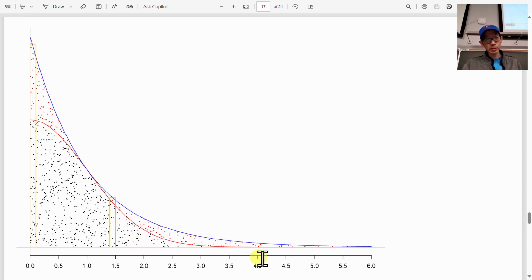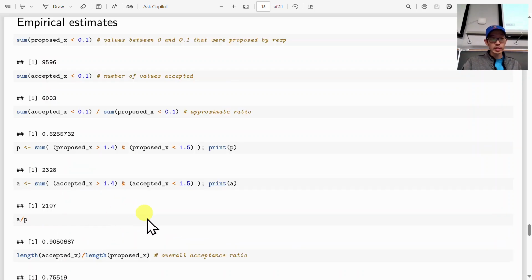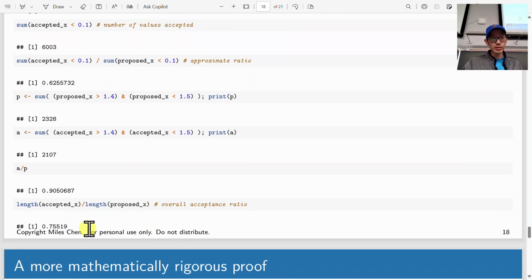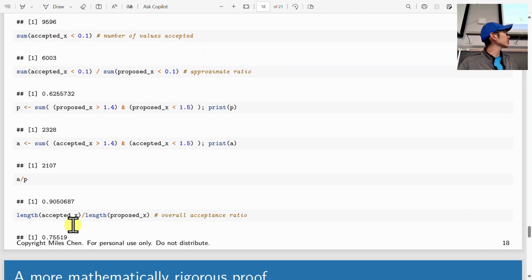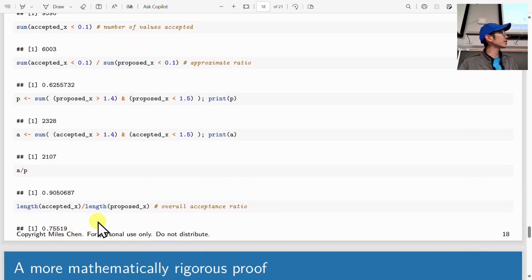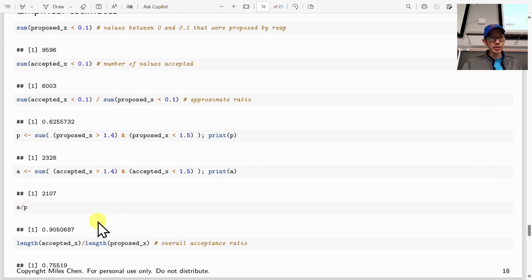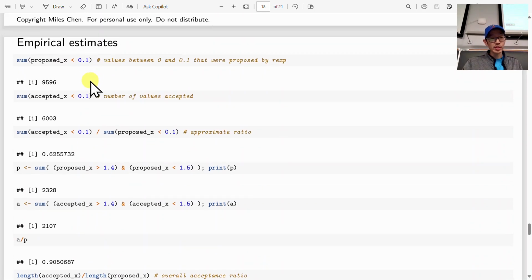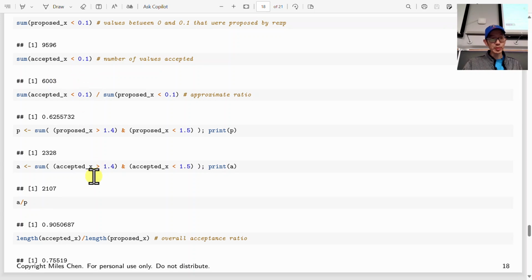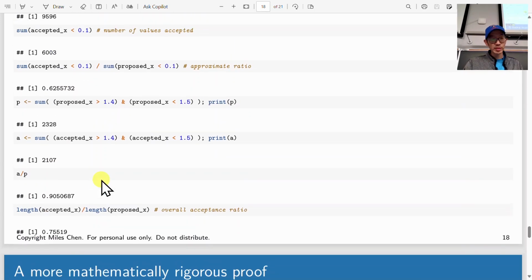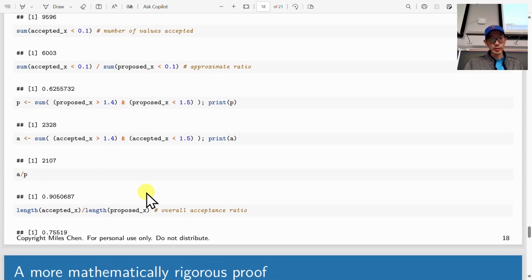We've proposed all of these dots under the blue line, but we throw some of them away, okay? And so the resulting distribution that we keep follows the target distribution that we want, okay? And so the total acceptance ratio that I get is around 75%. I proposed a certain amount, and that's what we have.